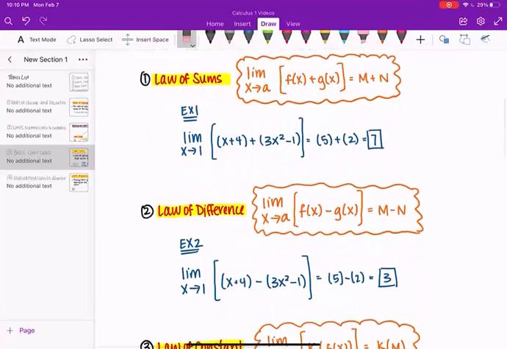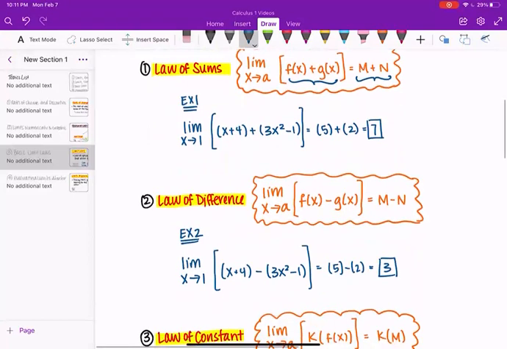The first law, we'll call it, is the law of sums, which basically says if I take the limit of both of the functions added together, it's the same thing as summing the individual limits together.